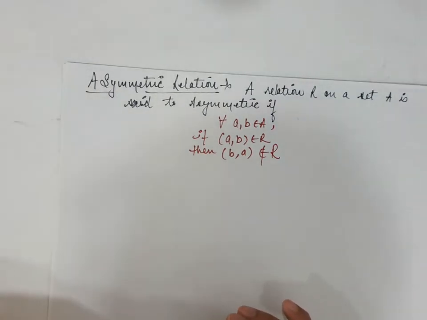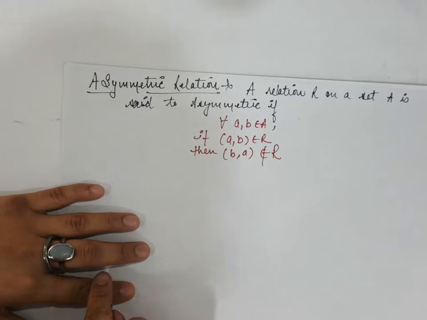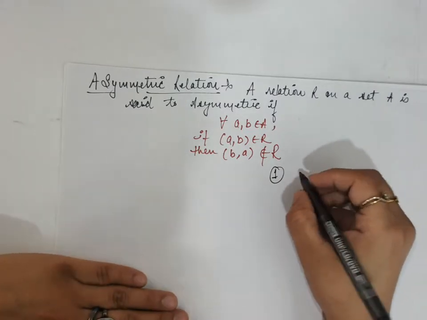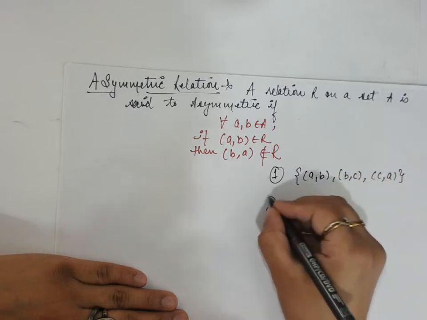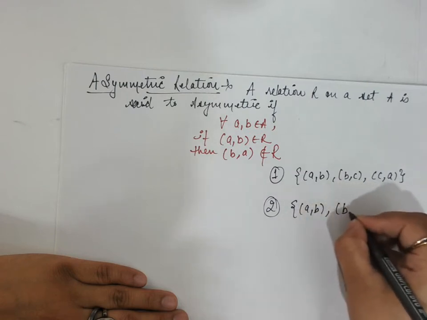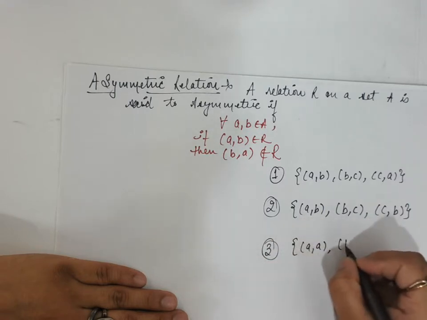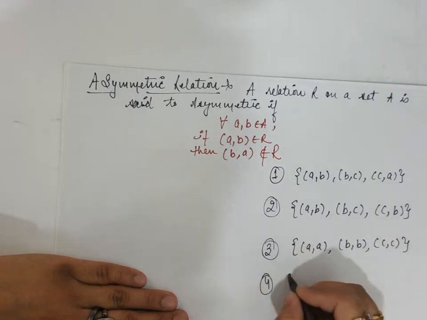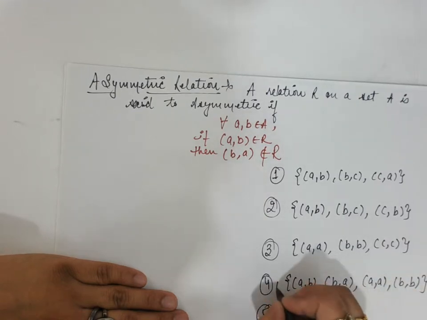And antisymmetric says if AB is present in a relation and BA is present in a relation, then in that case A is equal to B. Example: R1 is (A, B), (B, C), (C, A). R2 is (A, B), (B, C), (C, B). R3 is (A, A), (B, B), (C, C). R4 is (A, B), (B, A), (A, A), (B, B). R5 is equal to phi.